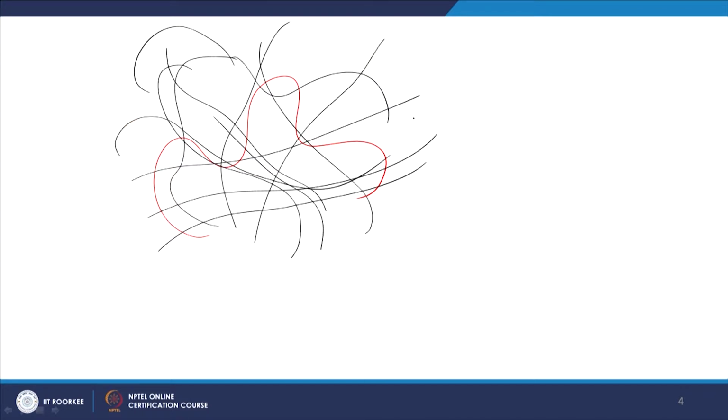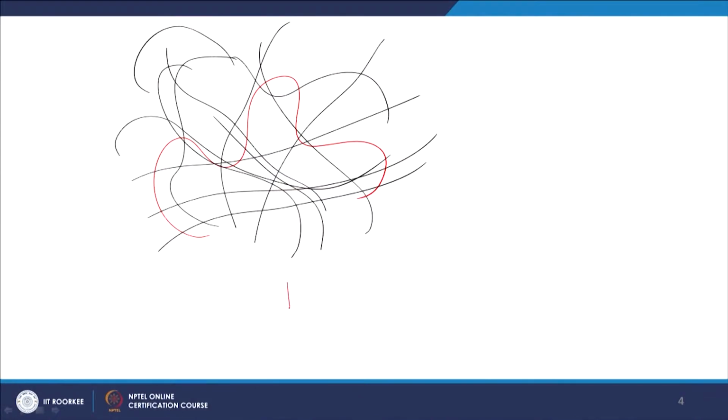Now, you can imagine that if I want to move this chain or the noodle, it is not going to be very trivial, because I cannot simply translate it in the direction I want.